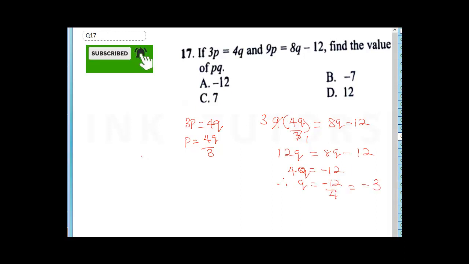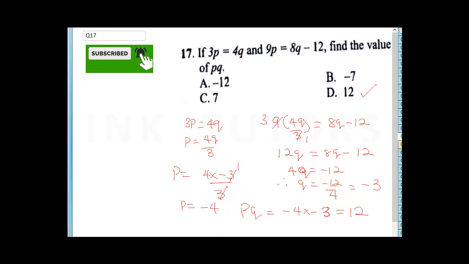Now to get p, it's going to be 4 times minus 3 divided by 3. 3 cancels 3 to give us 1. So p is equal to minus 4. Therefore p times q is minus 4 times minus 3, which will give us 12. So our answer is positive 12.